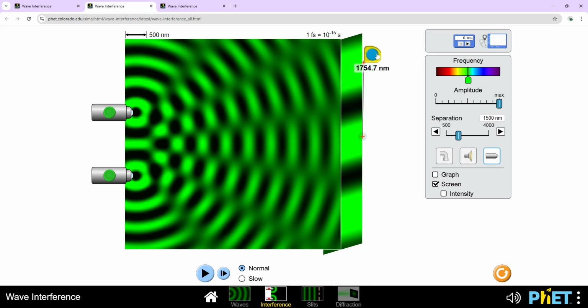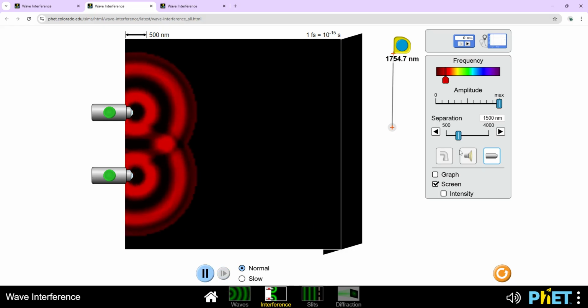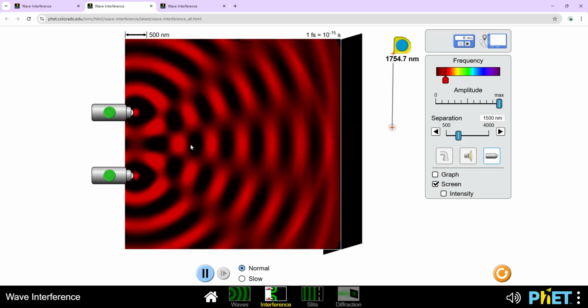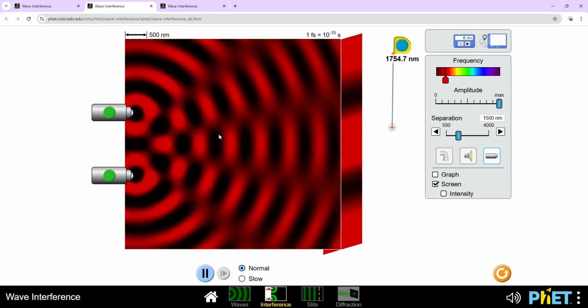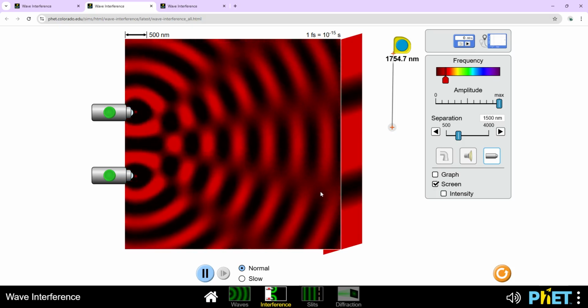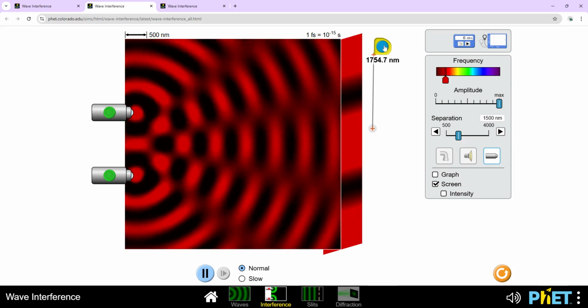So we've got this reading, and what we can do now is change the frequency. If we change that to a lower frequency and watch the animation, then we will see those circular wavefronts overlapping, constructively interfering in the center, destructively interfering here and here, and those fringes are further apart.